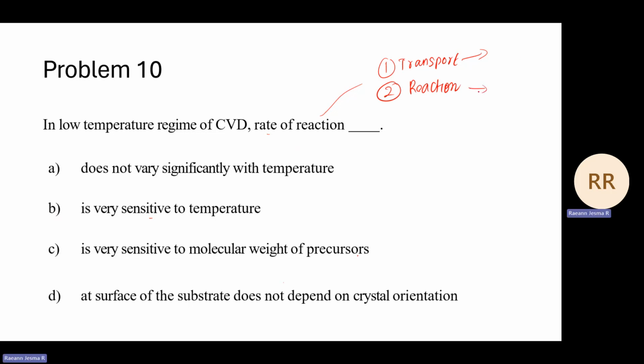In the reaction, how much temperature is present so that the particular reaction can happen. With this explanation, I think you can tell if you have low temperature, it will be very sensitive to temperature. Yes.